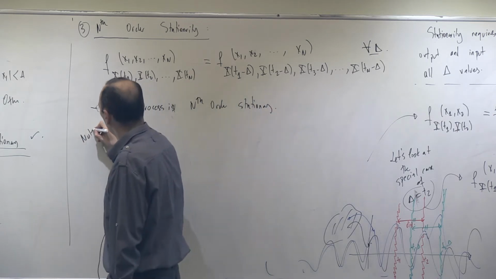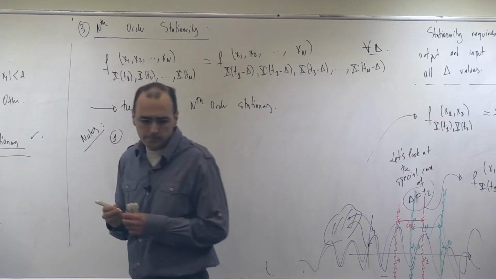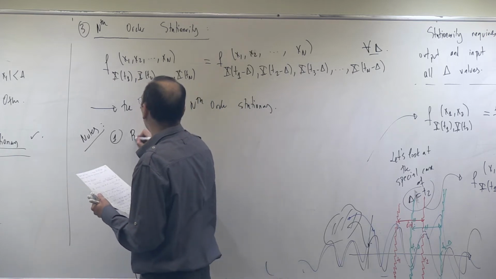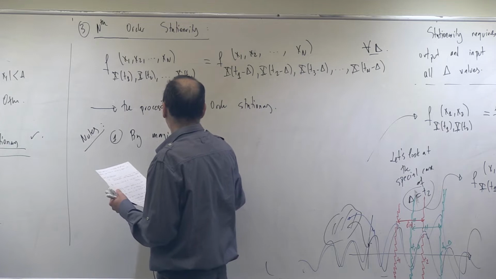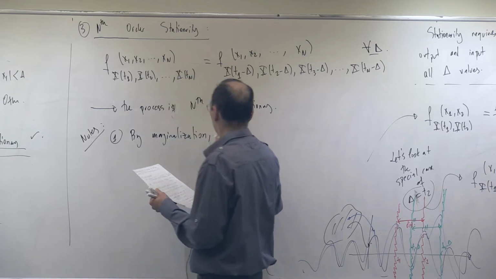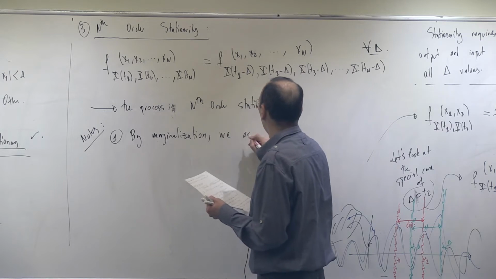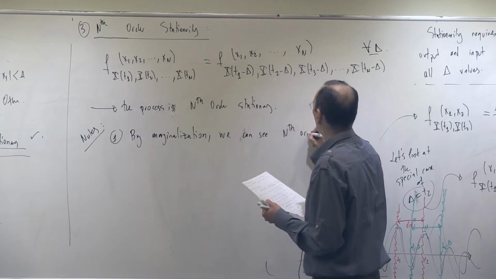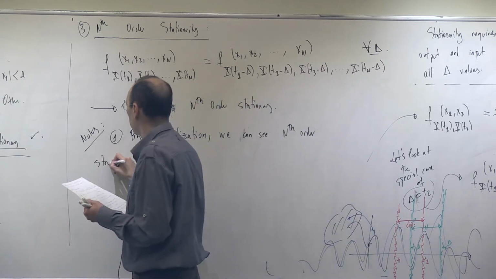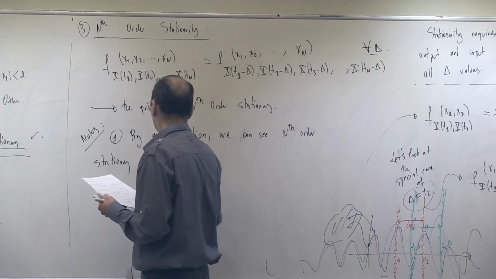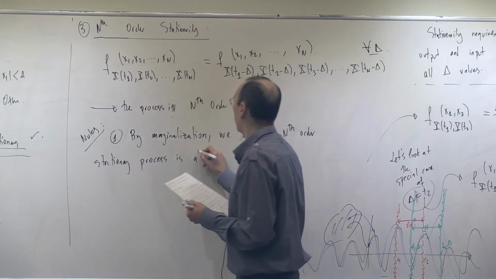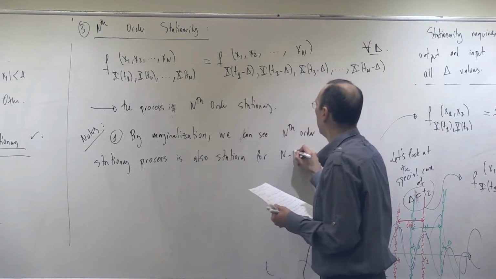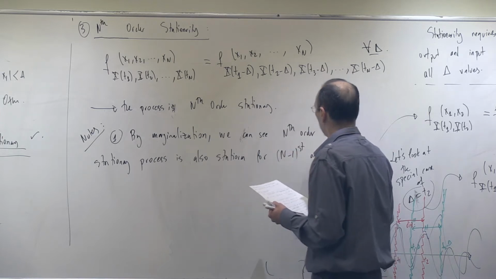So let me write some notes. Number one. By marginalization operation, we can see that nth order stationary process is also stationary for n minus first and lower orders.